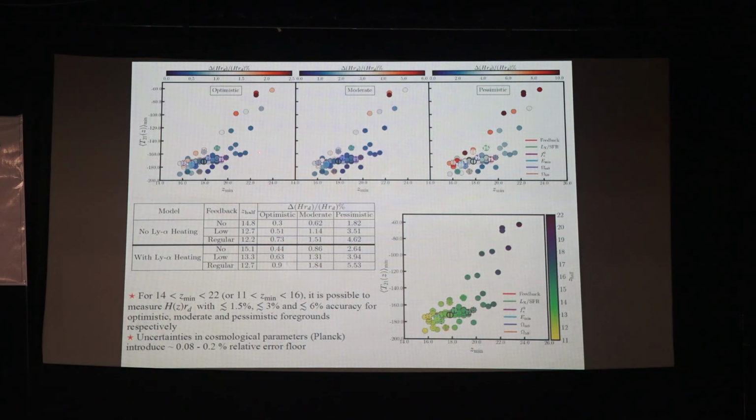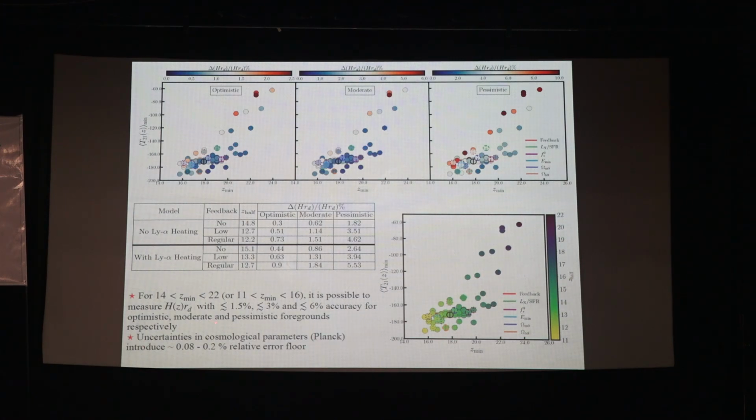Then we changed the simulation parameters and made several simulations, and we denote each simulation with its minimum temperature and the z mean corresponding to the minimum temperature value. We showed that it is possible to measure this expansion rate within this z half range with 1.5, 3, and 6% accuracy with the optimistic, moderate, and pessimistic foregrounds respectively.